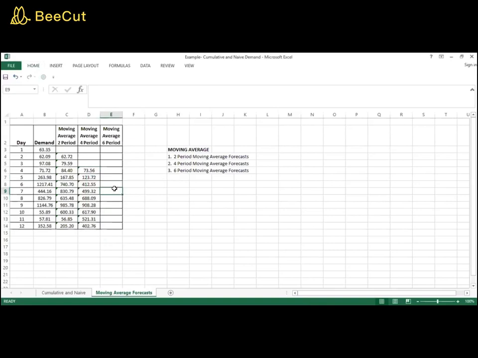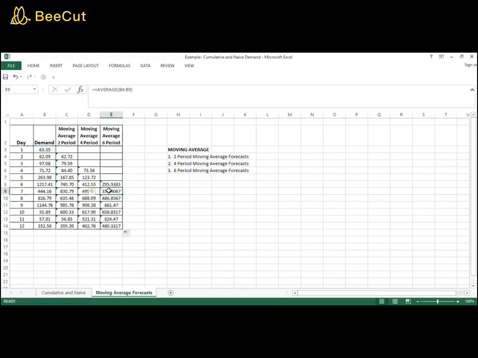All right, next I want to take a moving average of 6 periods. So the first 5 periods I will leave blank, and in period 6 I will go ahead and take an average of all of these. And then again I can click and drag.